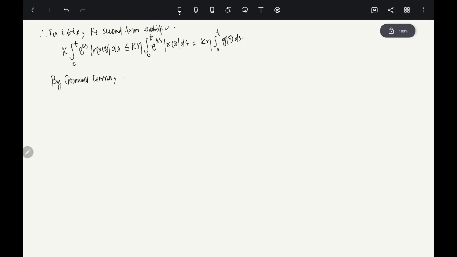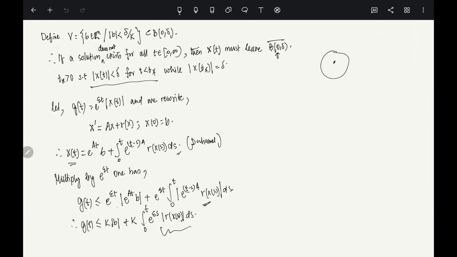We have that g of t in this case will be less than or equal to k mod b e to the power k eta t, for all 0 less than or equal to t less than or equal to t star. Now, what is g of t? It is e power epsilon t mod x of t.